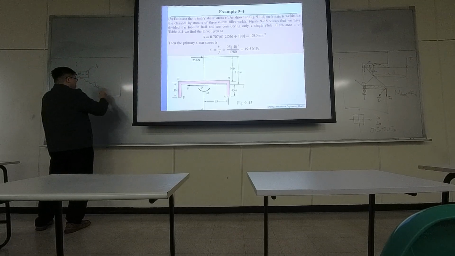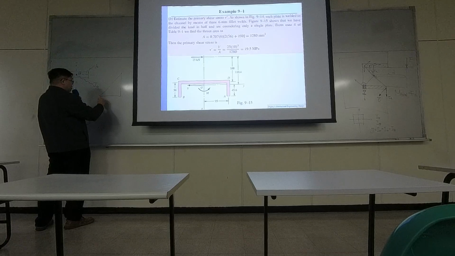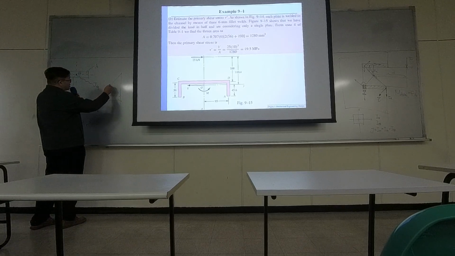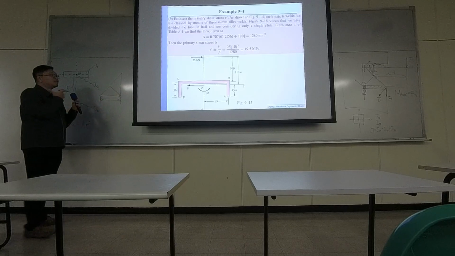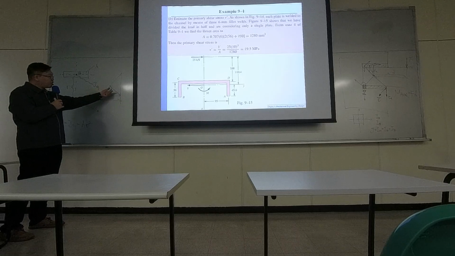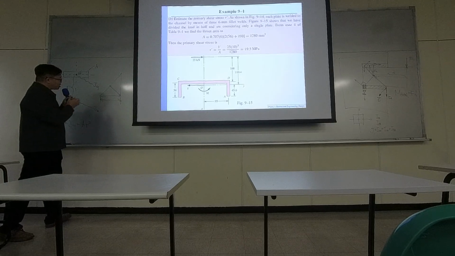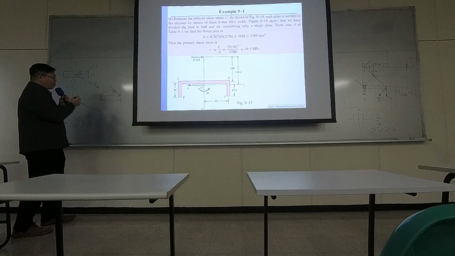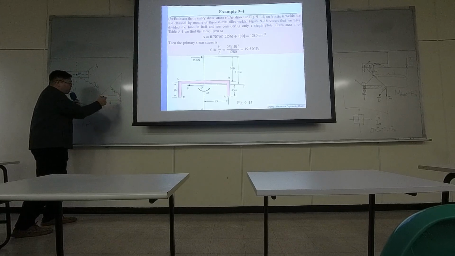If you have welding material in a triangle, and here is your width of the welding material, then this throat dimension will be smaller than the width, and it's basically 0.707 times your width.